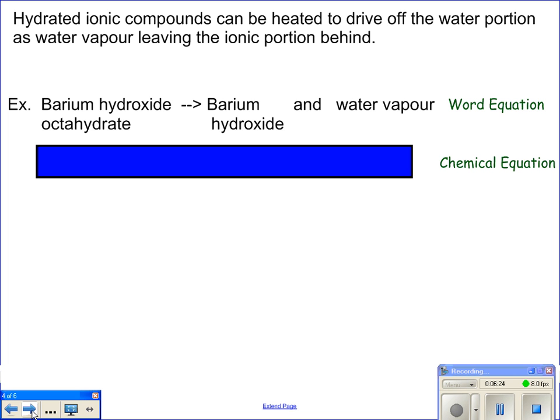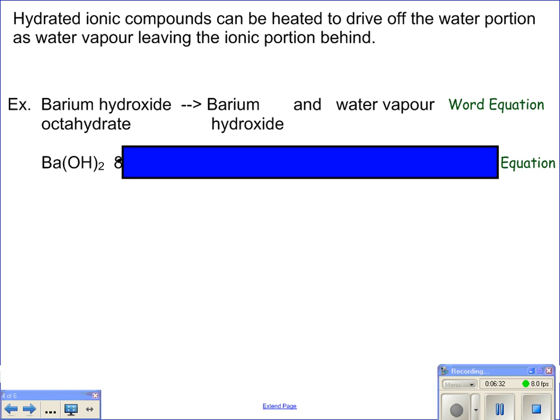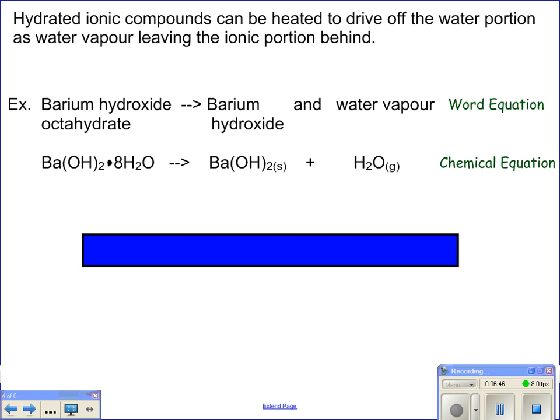Let's look at the breakdown of a hydrated ionic compound. So again, we have one reactant on the left. In this case, it happens to be barium hydroxide octahydrate, and we can put the little bullet in there to show those 2 portions of that compound. And as we said earlier, if we heat that up, the water comes off and it leaves behind the ionic piece.